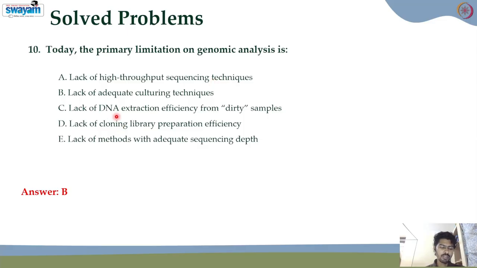And DNA extraction efficiency from dirty samples is not a primary bottleneck considering the advancement in sequencing technology. More importantly, we all know that many microorganisms cannot be cultured in the lab, which hinders the study of their complete genome. That is why option B, the lack of adequate culturing techniques, plays an important role in limiting genomic analysis.